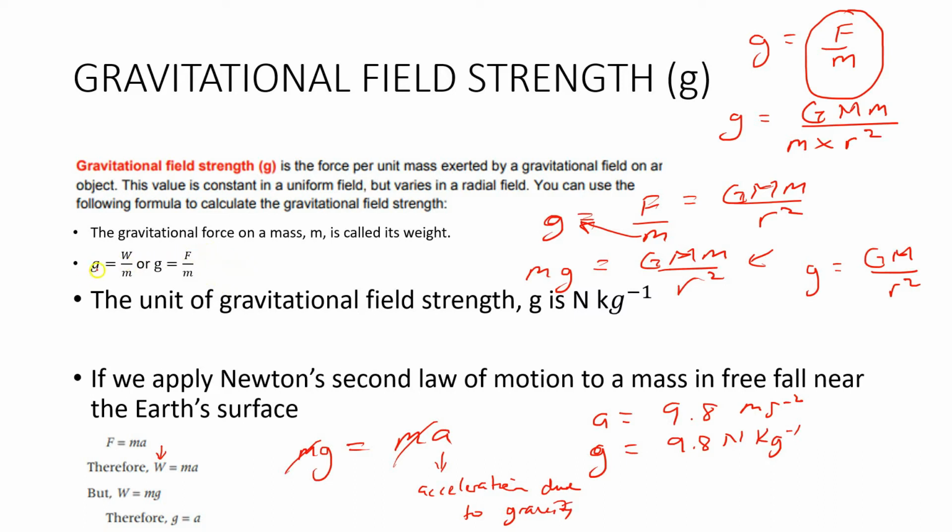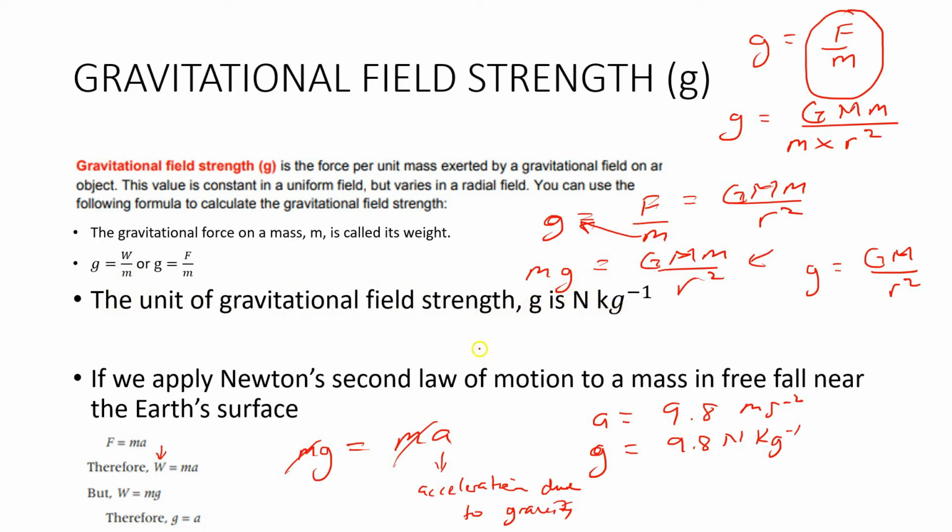And so if we know that gravitational field strength is equal to force divided by mass, we could simply say that it is also equal to the weight divided by the mass, right? Where we can come up with a unit for gravitational field strength as newtons per kilogram.